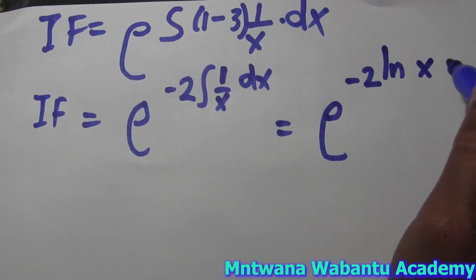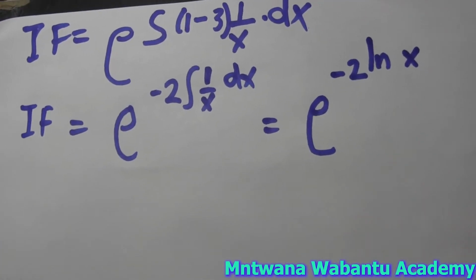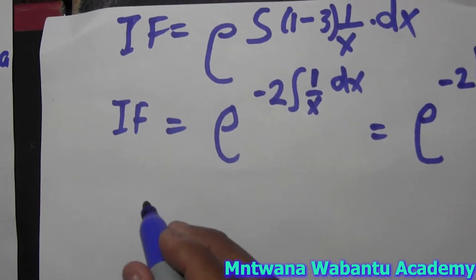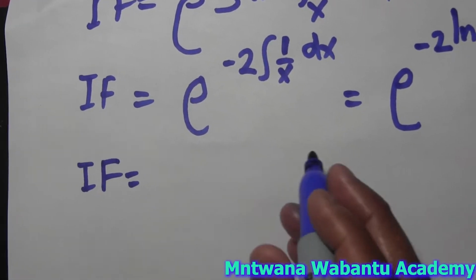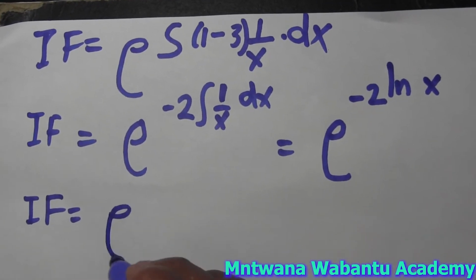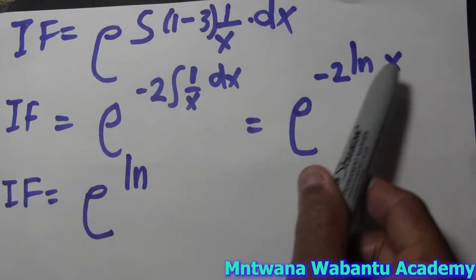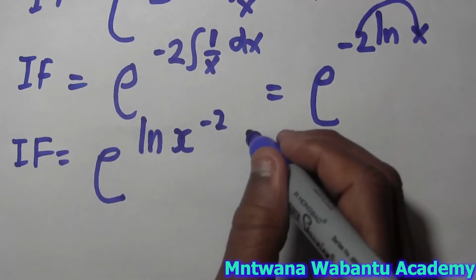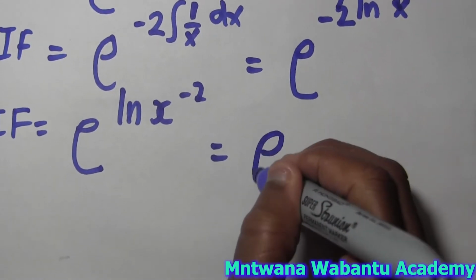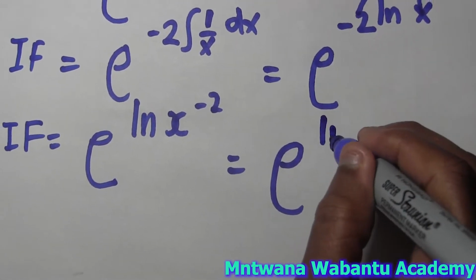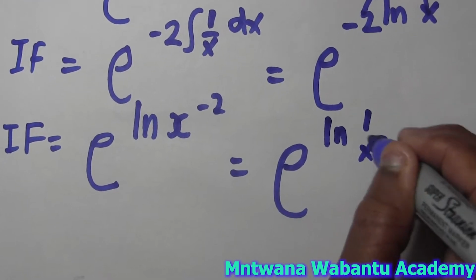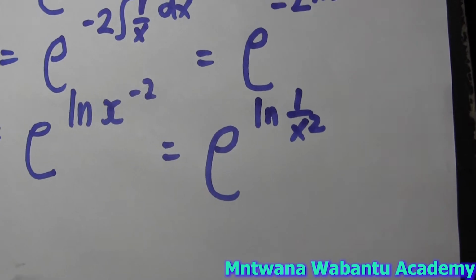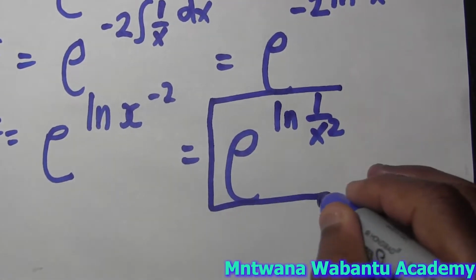So I'll take the negative 2 back. The integration factor is equal to e to the ln of x to the negative 2, which is the same as e to the ln of 1 over x squared. Mathematically this equals 1 over x squared.